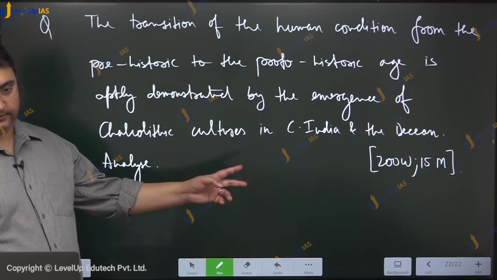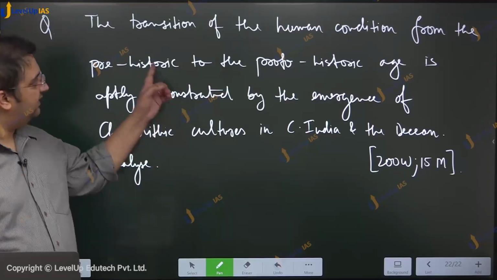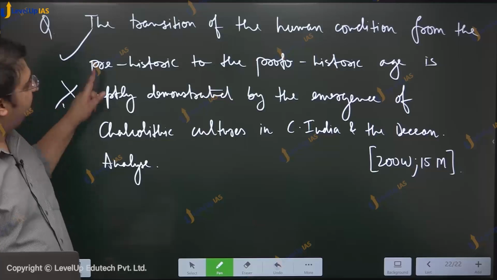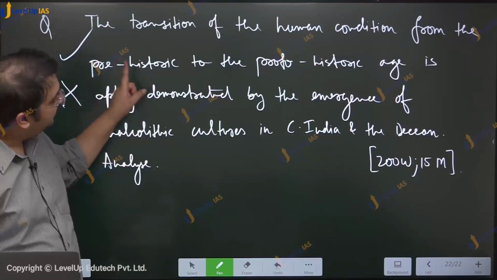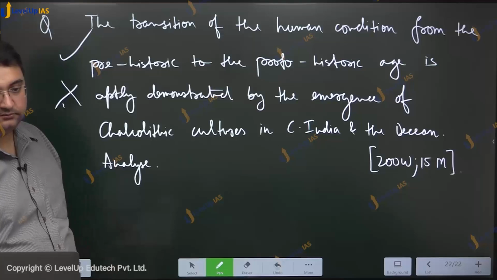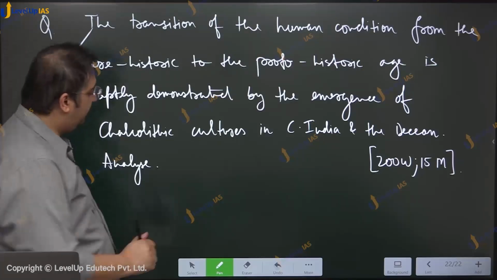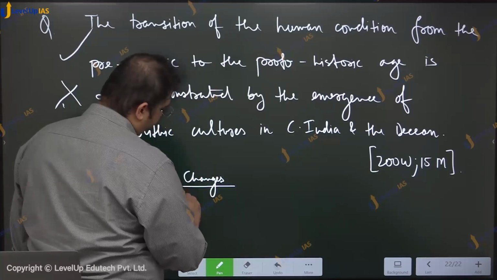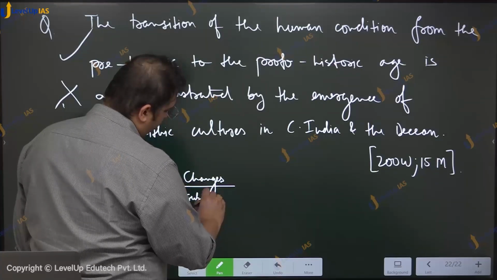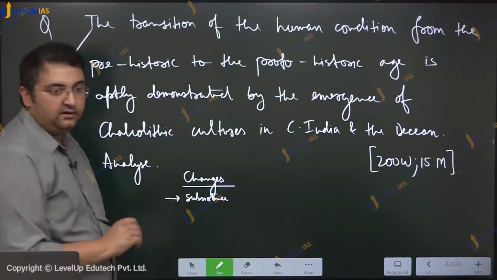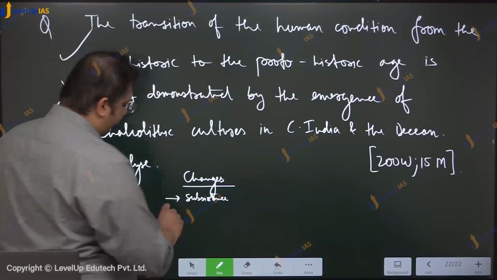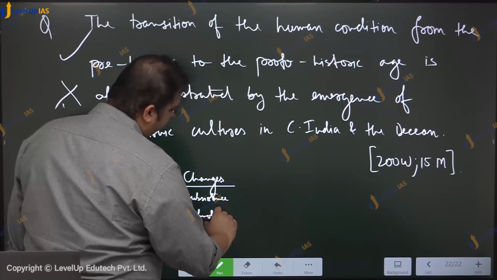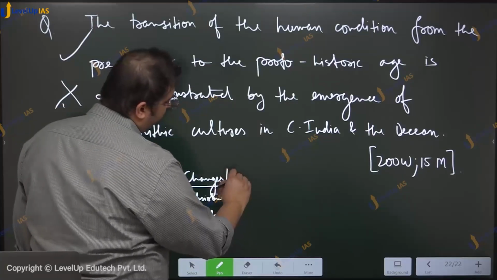We have to present two arguments. One, that this statement is correct, and second, that it is not entirely correct, it has some limitations. How will you argue that it is correct? You will have to show changes in the subsistence pattern as compared to the Neolithic age. You will have to show changes in the technology, or instead of changes, I should say improvements.